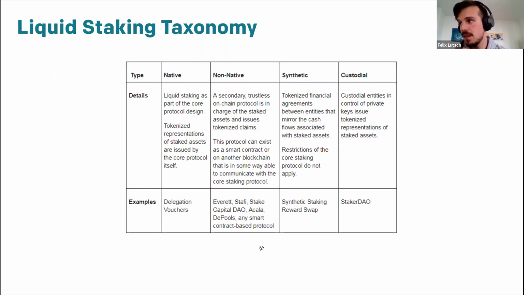Then finally, the final one is custodial. It's a bit of a mixed thing. We include it here too, to signify there are also approaches to tokenize these staking rewards with some custodial elements. The main example here is StakerDAO.